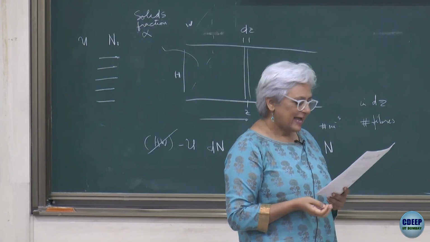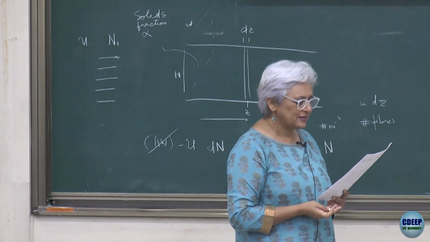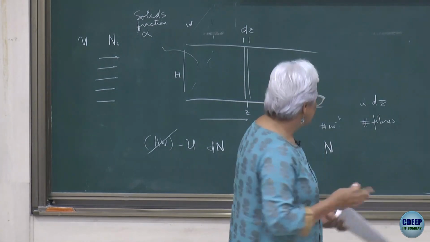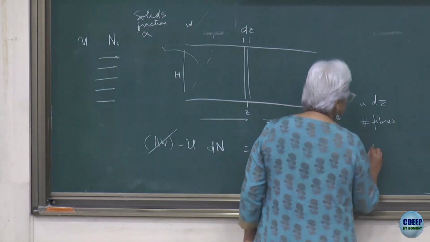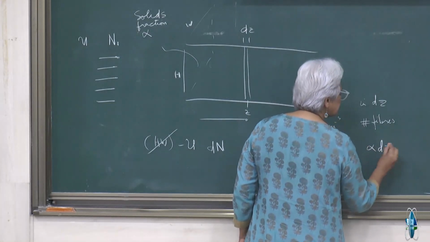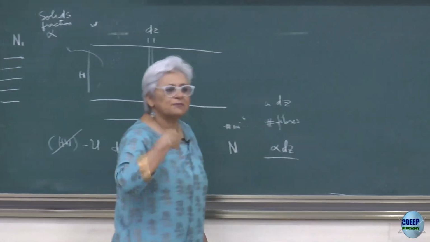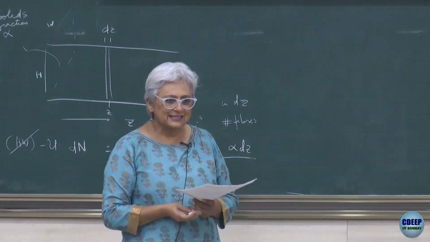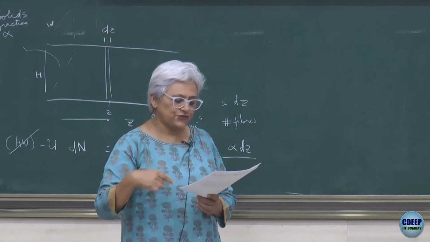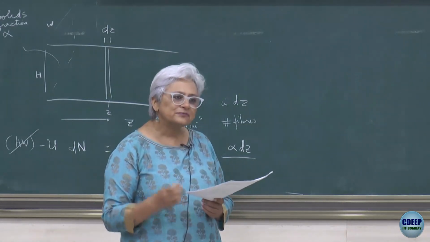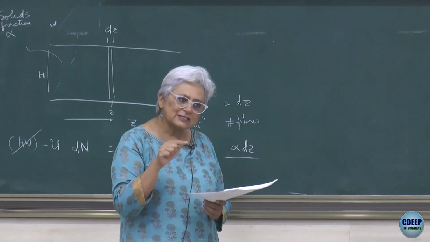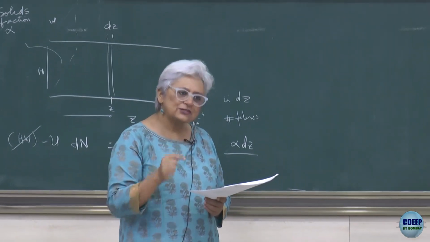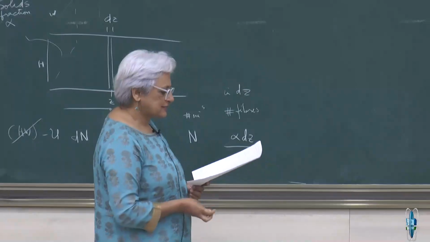Alpha is going to be the solids fraction. We are getting rid of the hw, so alpha dz is the amount of solid in terms of volume that's there in that slice, and each fiber is then occupying what sort of fraction in terms of its cross section.